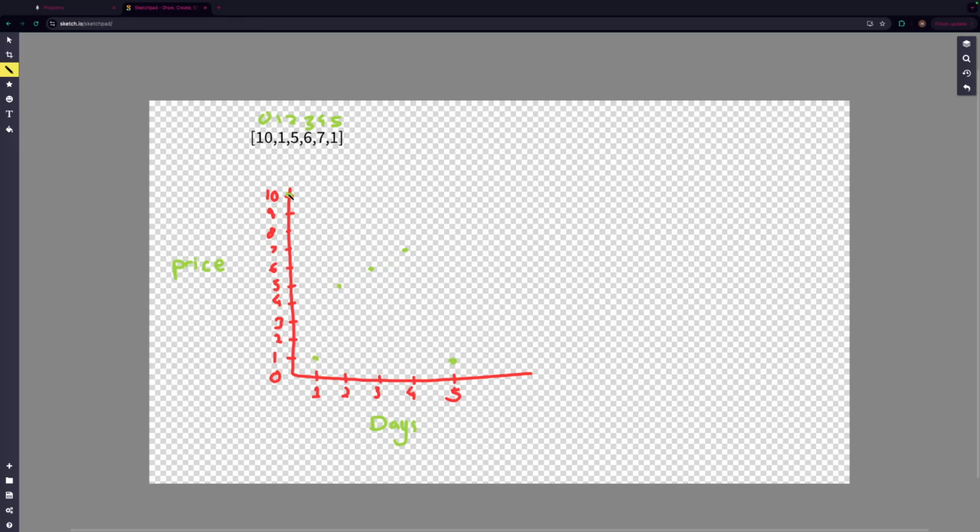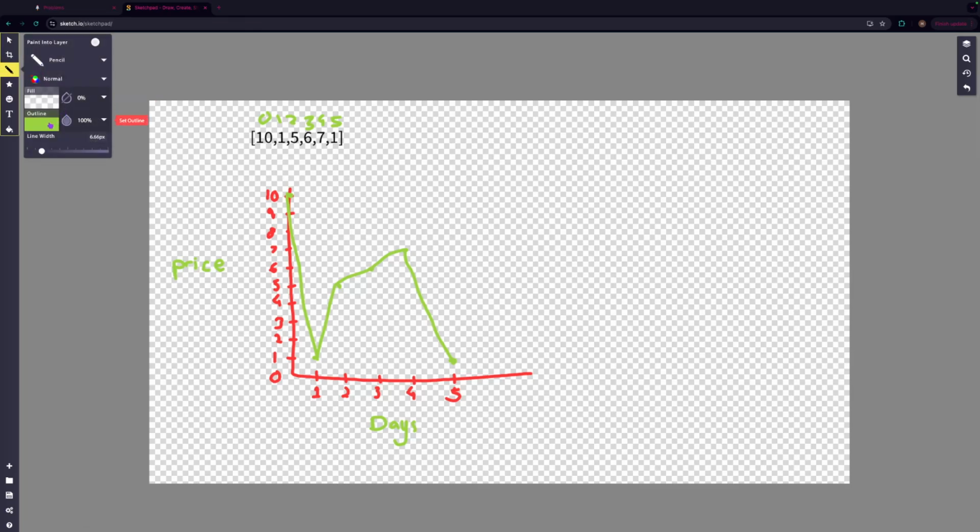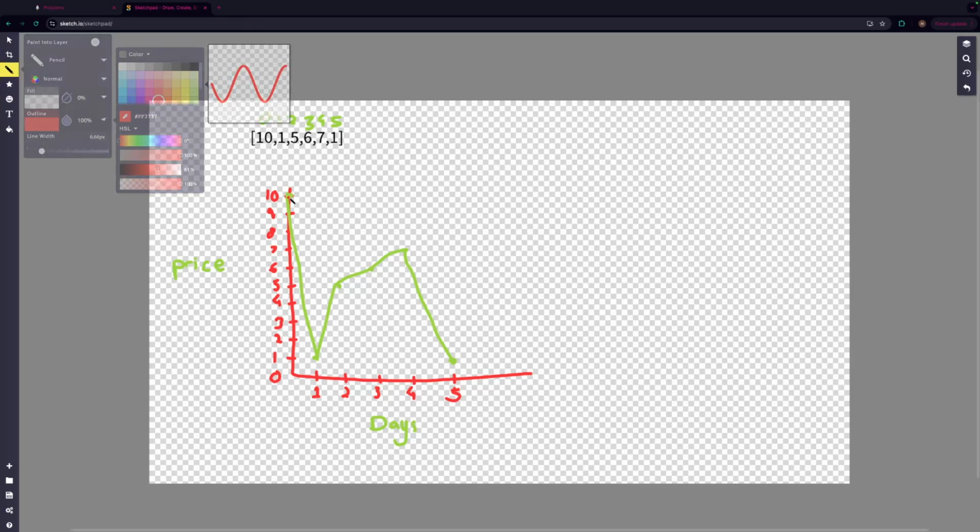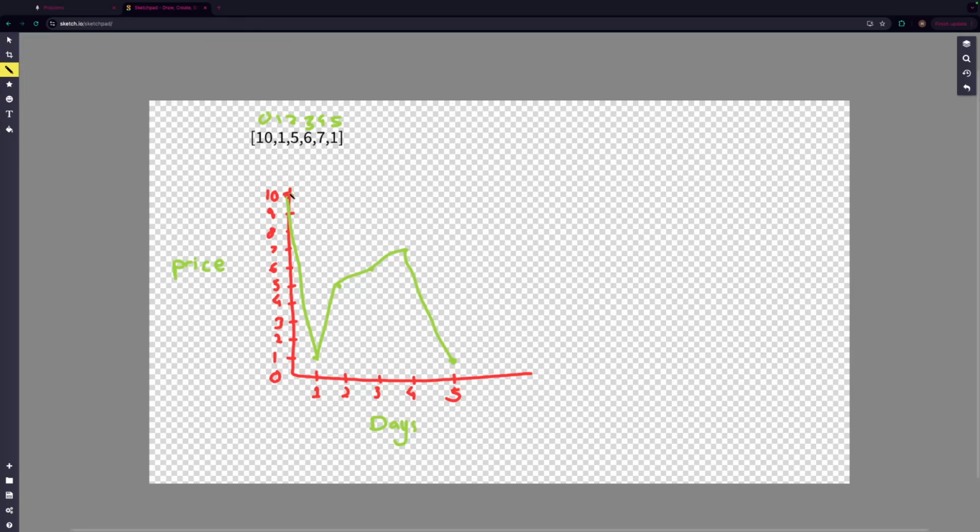Let me do that again. But I think this will get the point across. And then back down here. And then let me change this color to maybe red again. Then we can do this. We have 10, 1, 5, 6, 7, and 1.